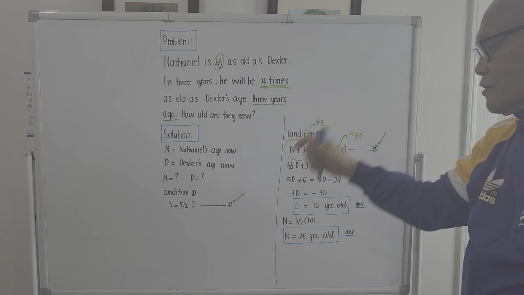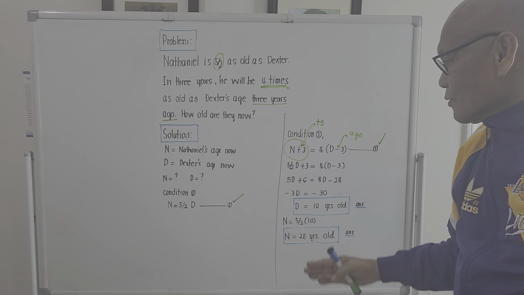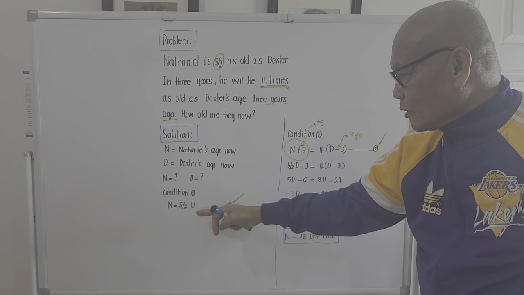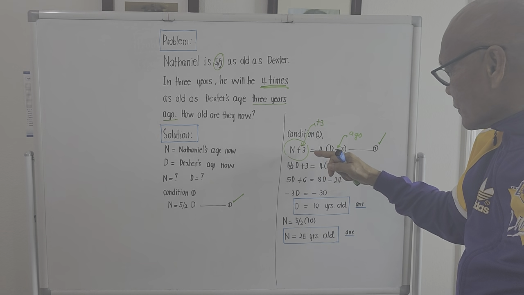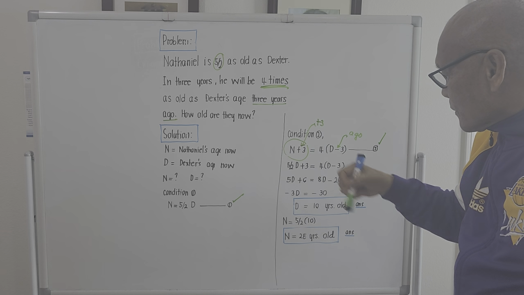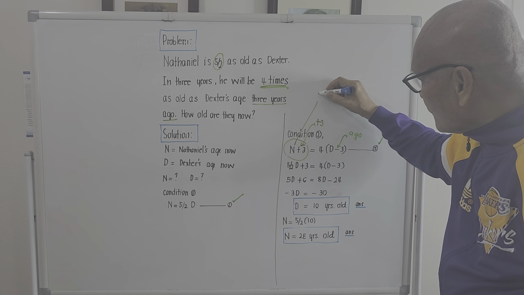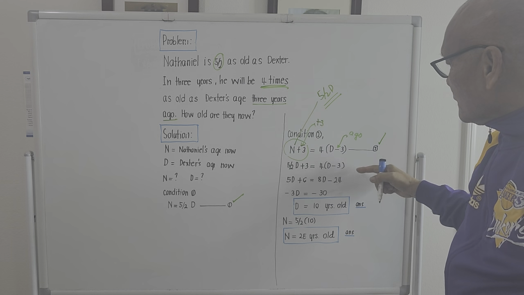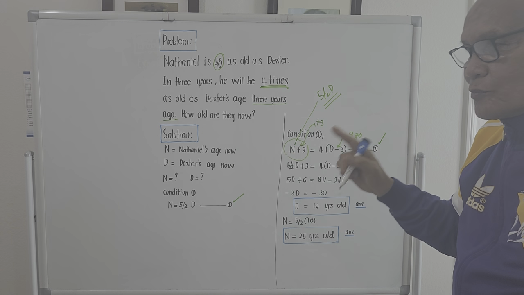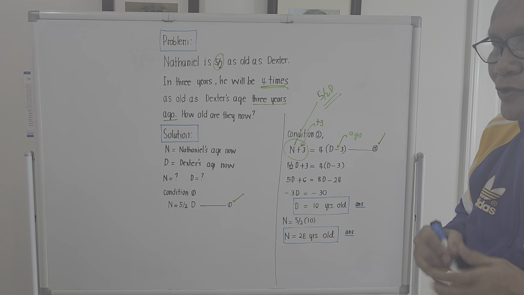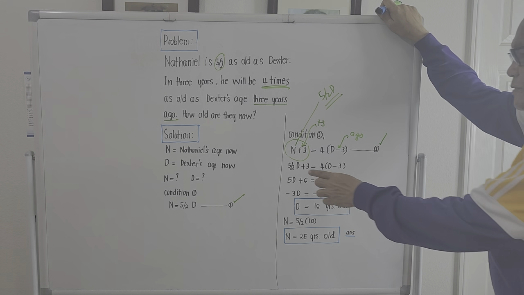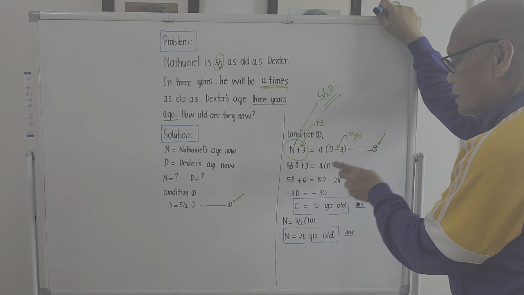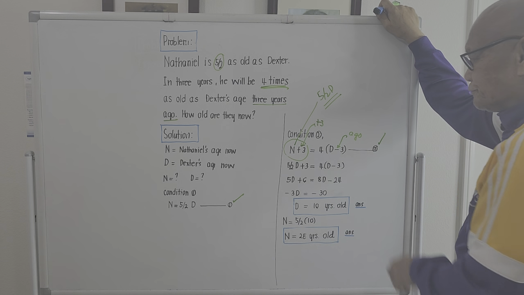Since N is equal to 5 halves D, to solve for the values of N and D, we take N equal to 5 halves D and put it into equation number 2. After the replacement, the resulting equation involves just the unknown age of Dexter. So 5 halves D plus 3 equals 4 times the quantity D minus 3.